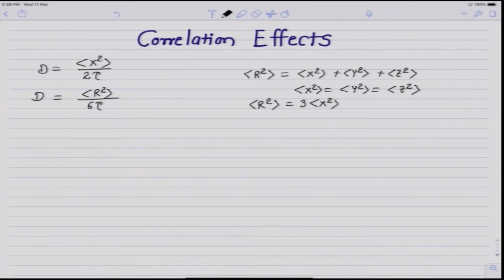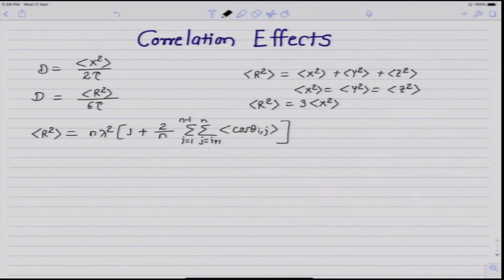We also derived the expression for mean square displacement, which we can write as average of r square is n lambda square times 1 plus 2 over n times the double summation of average of cos theta i j, where the first summation i goes from 1 to n minus 1, and the second summation j goes from i plus 1 to n.